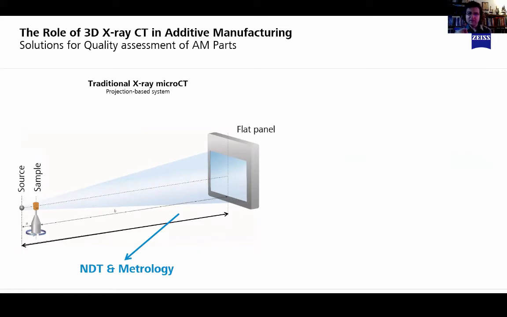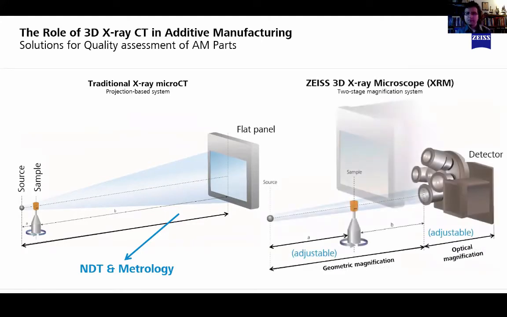But there is a possibility to improve things and deliver submicron resolution capabilities if we use 3D X-ray microscopes. The main difference of the so-called 3D X-ray microscopes as compared to the traditional projection-based micro-CT systems is that they include a set of lenses that add optical magnification capabilities in addition to the geometrical magnification.